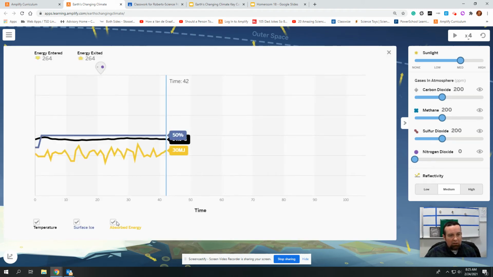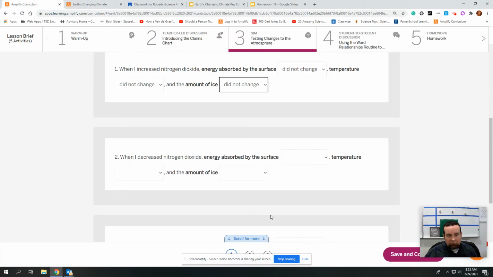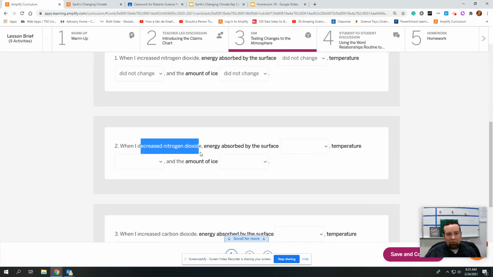Okay, seeing a lot of the same things. So the ice stayed about the same, temperature stayed about the same, and the energy absorbed, there's fluctuations, but it stayed about the same. So now we know when you decrease the nitrogen dioxide, it did not change, did not change, did not change.